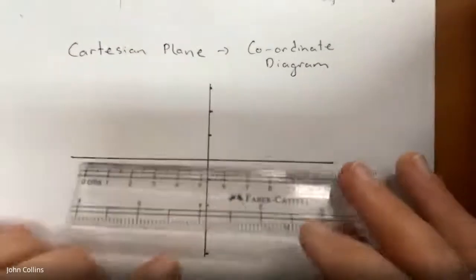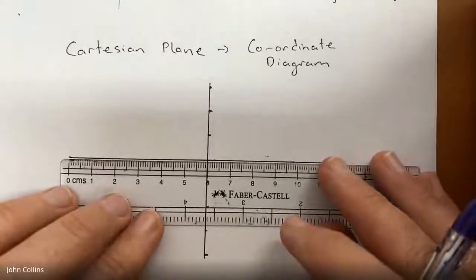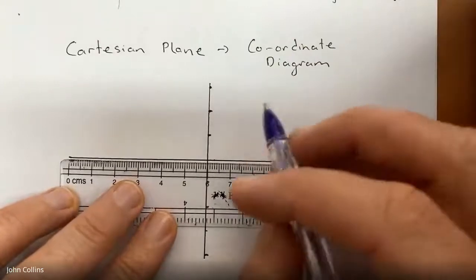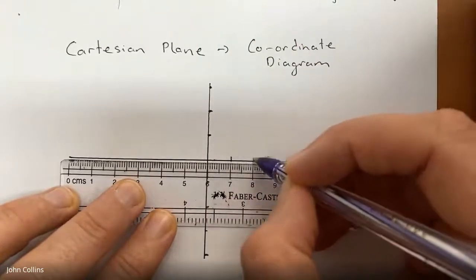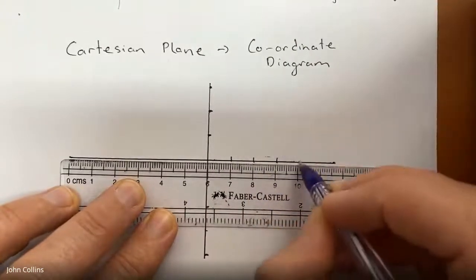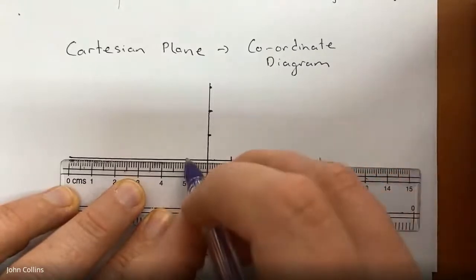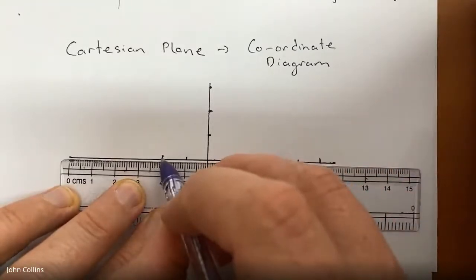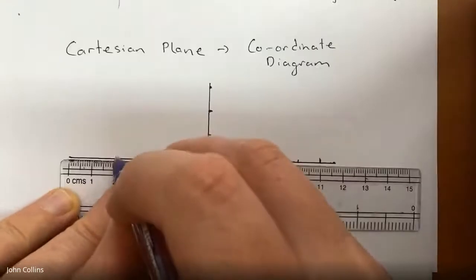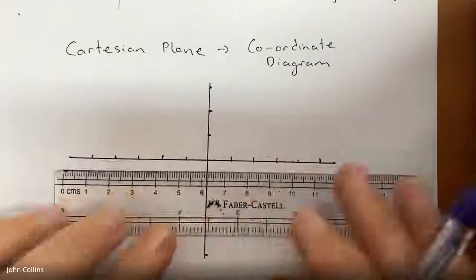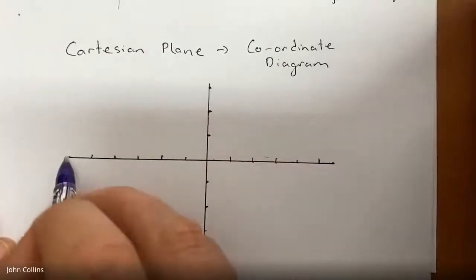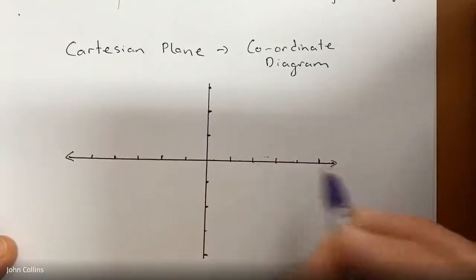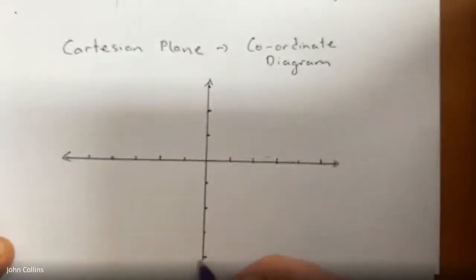So I am kind of assuming that you guys have done this diagram before. Maybe you haven't, but we're going to go through it anyway. Yeah, you should have done it. Okay. All right, and these are just two number lines that intersect at 0, 0. Yeah, you should have done it in map reading and stuff.